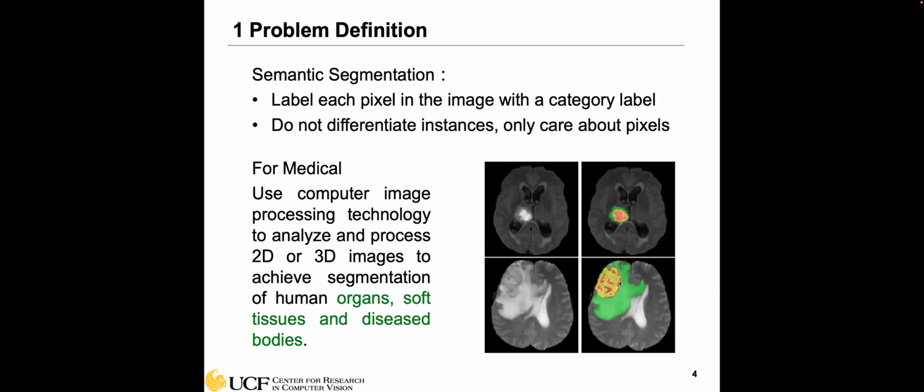So here, this is an example of a brain tumor, right? These labels, different colors, yellow, red, and green, indicate different tumor regions. And because medical images may have different modalities, right? X-ray may be a 2D image, but CT and MRI are 3D volumes, right? You have different slices, okay?